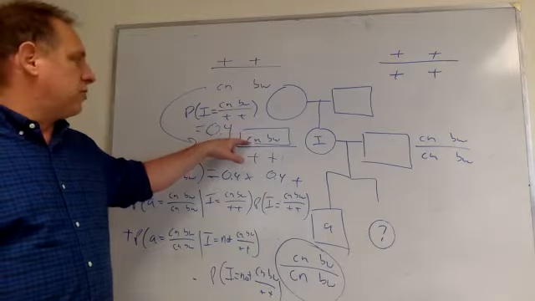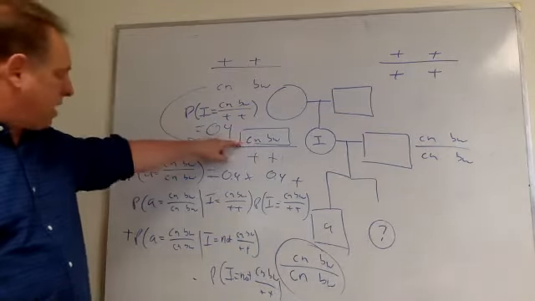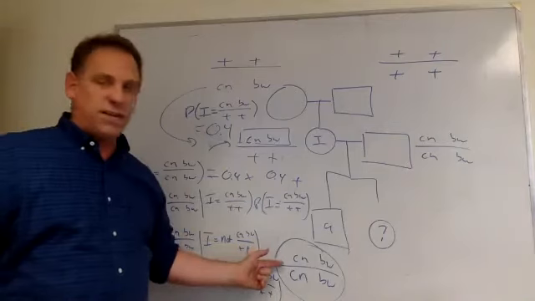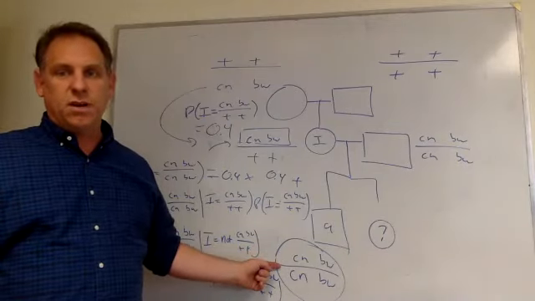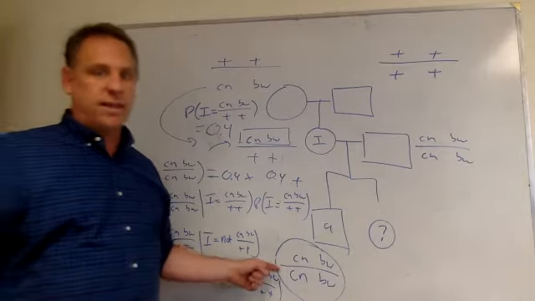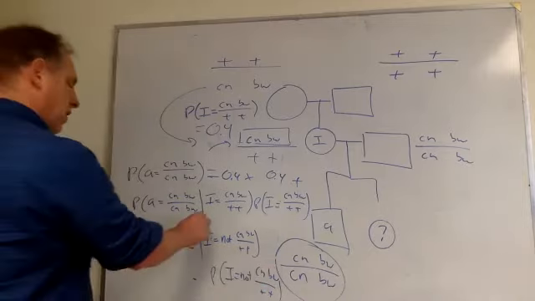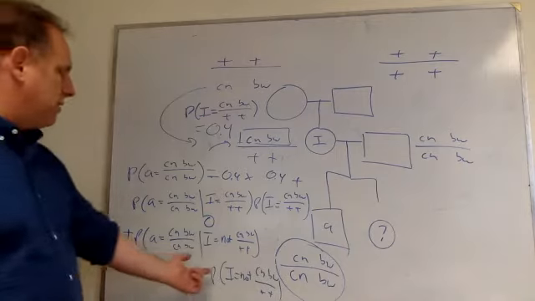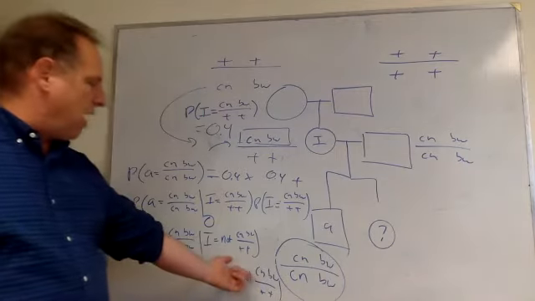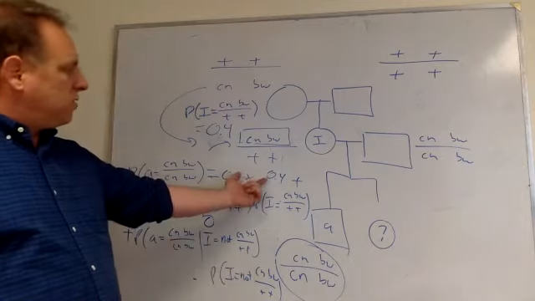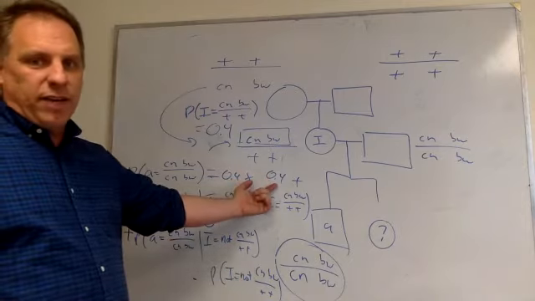Now, if this individual doesn't have that genotype, put this in the chat. What's the probability that this individual will have the white eyes under that condition? Yeah, 0. It can't happen. Great, thank you. So this becomes 0. It doesn't matter what's here because this is multiplied by 0, but you should be able to say the probability of not having that genotype is 1 minus the probability of having it, right?